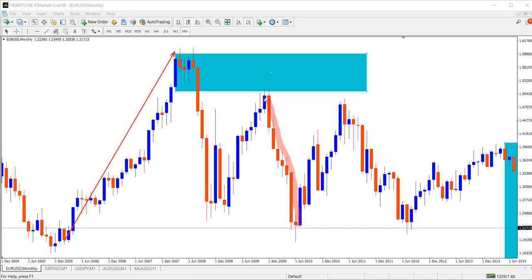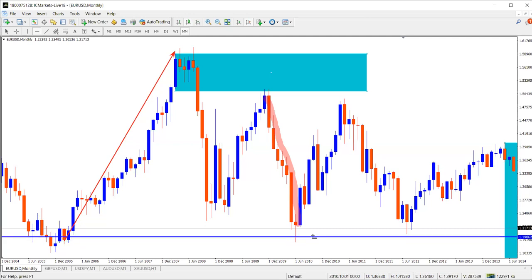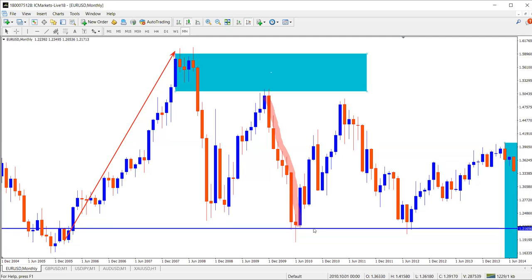Looking at this area, you can see that it also respected a certain area. You can see that it definitely respected a certain area. This is the last low. Can you see that?